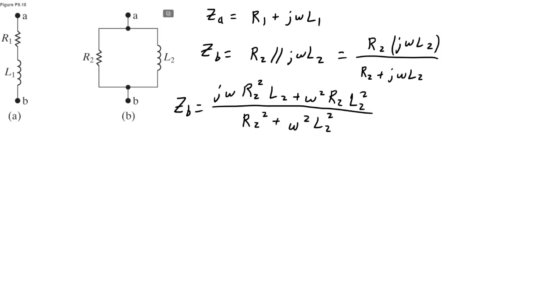And the reason why it's like that is because we were trying to get rid of j omega as much as we could to get the denominator into the same form.